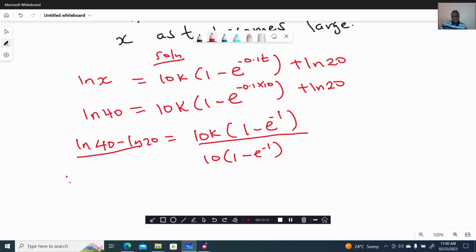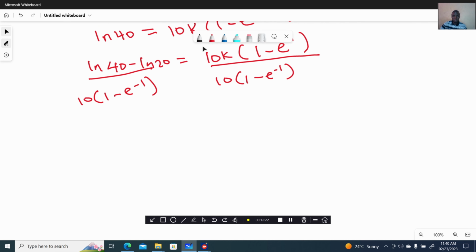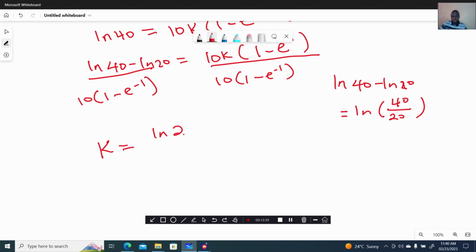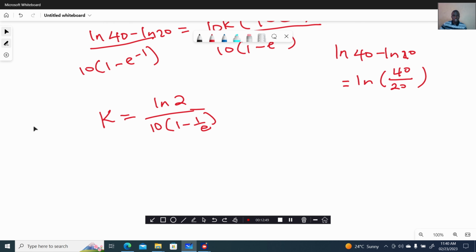In this case, the value of k is ln 40 minus ln 20, which gives us ln of 40 over 20, which is ln 2, over 10 into 1 minus 1 over e. If you solve this in your calculator, you'll get the value of k.